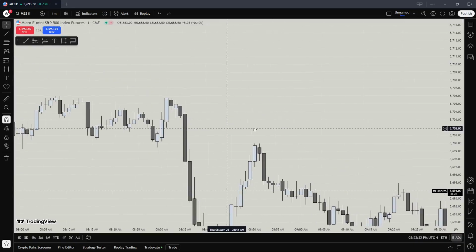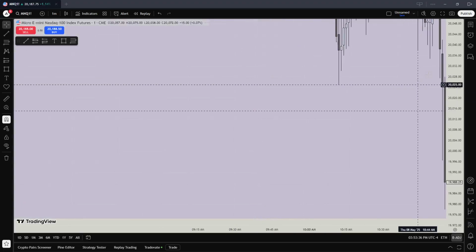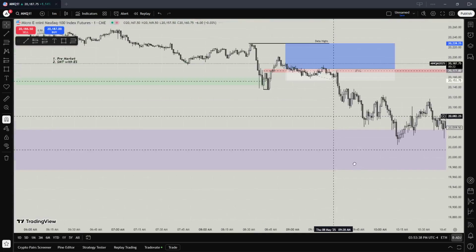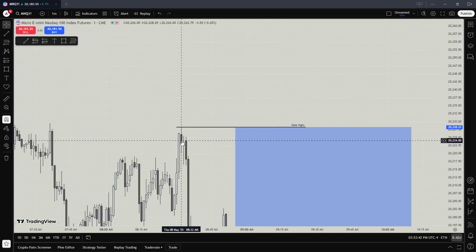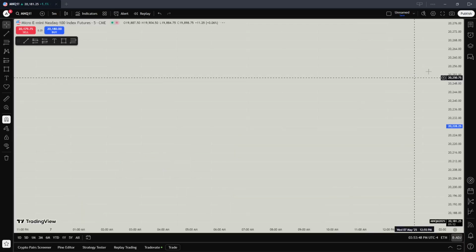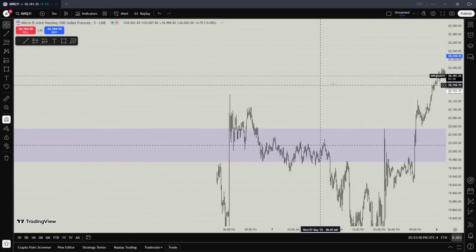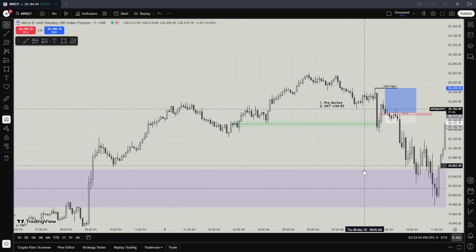What was I thinking? I thought we had SMT. 8:30 was swept over here. Was it over here though? It was, right? Yeah. So I'm not sure what I was thinking. Okay, so I guess it wasn't as bad as I thought. I mean, it was still a super mid trade, and definitely not something I should take, but not for the reason that I put.